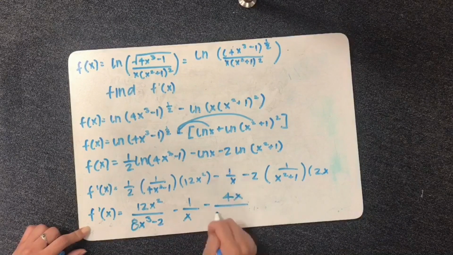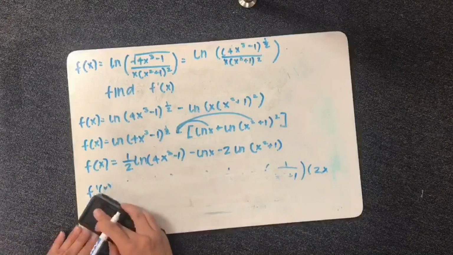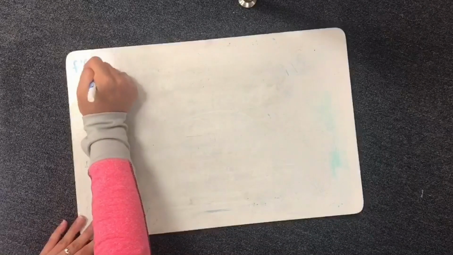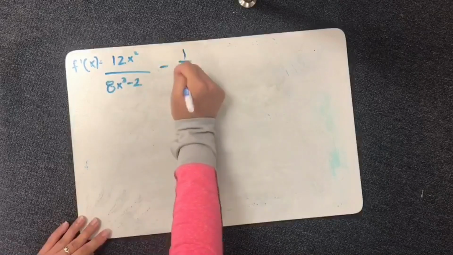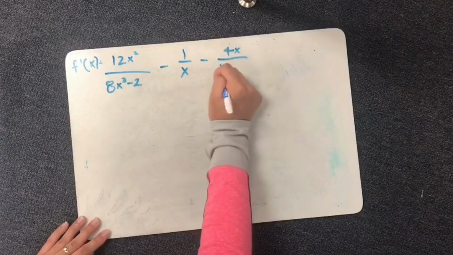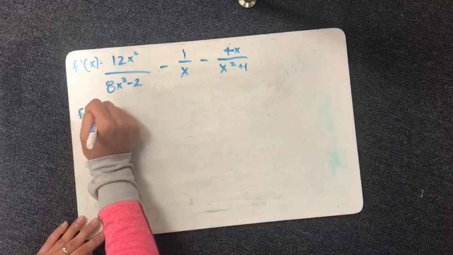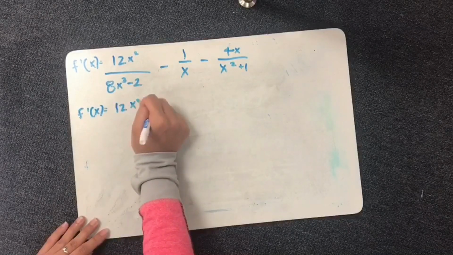We will now simplify by multiplying. In order to simplify, we must find a common denominator. We will first find the common denominator of 12x squared all over 8x to the third minus 2 minus 1 over x.